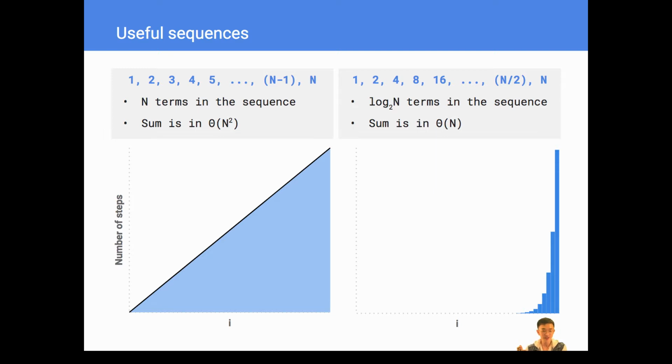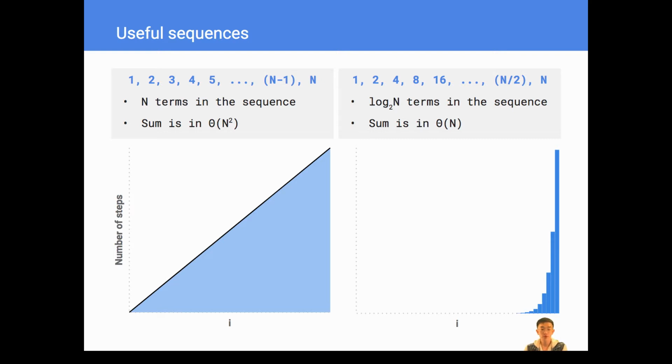For this kind of sequence, you can do some algebra and figure out the sum can be expressed as theta n squared. And the other one is 1, 2, 4, 8, 16, where every term in the sequence has the same ratio with respect to the previous one. In this case, the sum can be expressed as theta n.